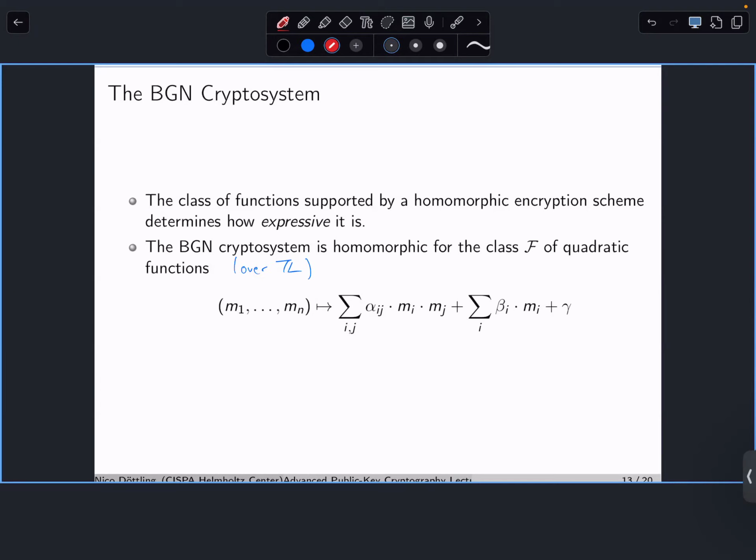And until the early 2000s, so the BGN crypto system was published in, I think, 2003. Up until then, we had sort of very, let's say, conceptually contrived constructions of zero knowledge proof systems.